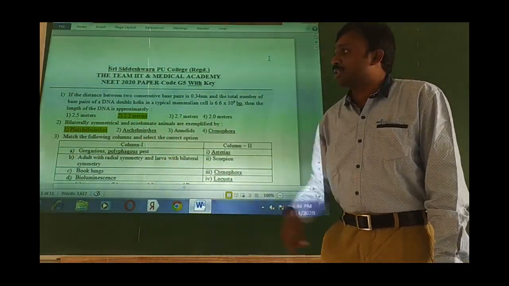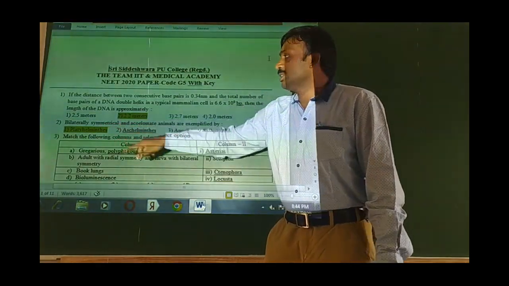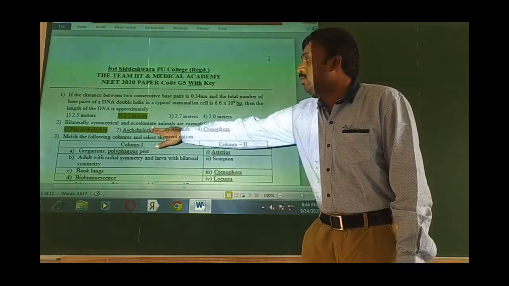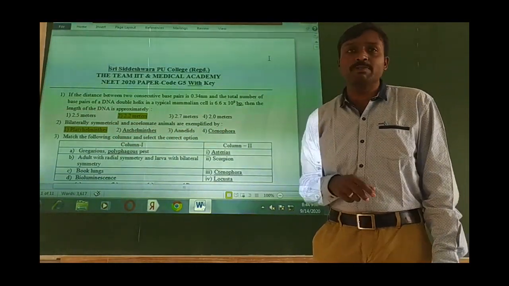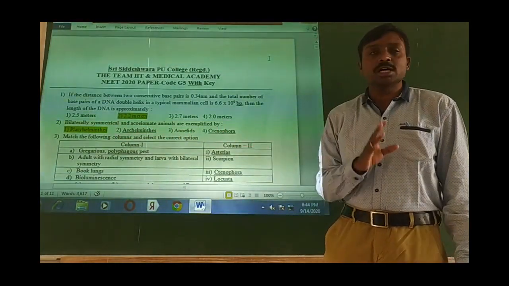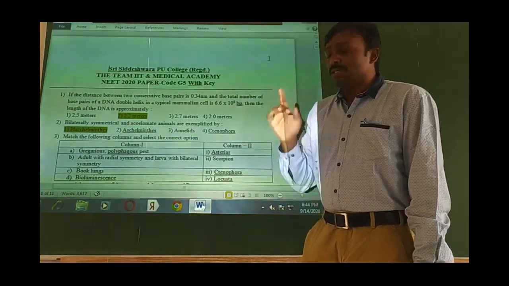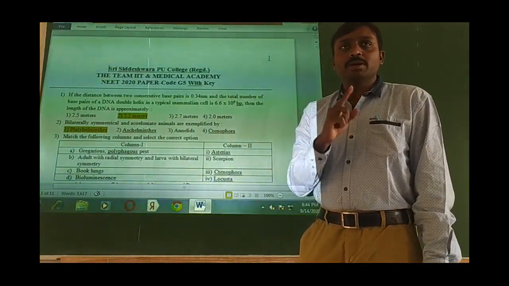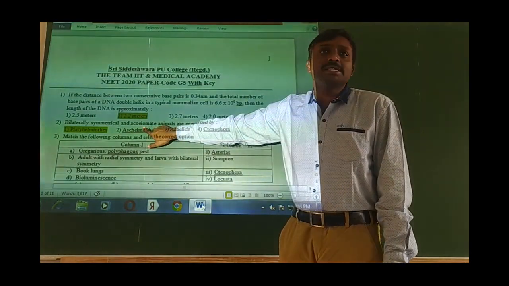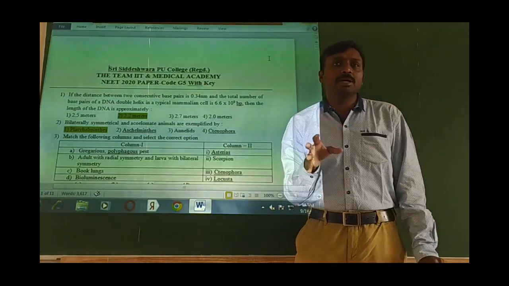Then moving to the next question: bilaterally symmetrical and acoelomate animals are exemplified by. This second question is coming from our Animal Kingdom chapter. The key word we need to remember here is acoelomate. Coelom is nothing but a body cavity.